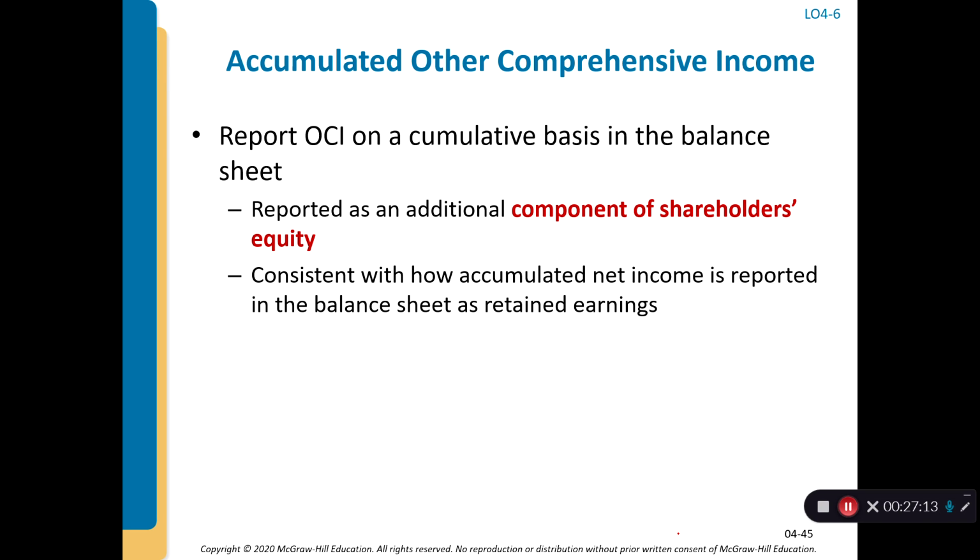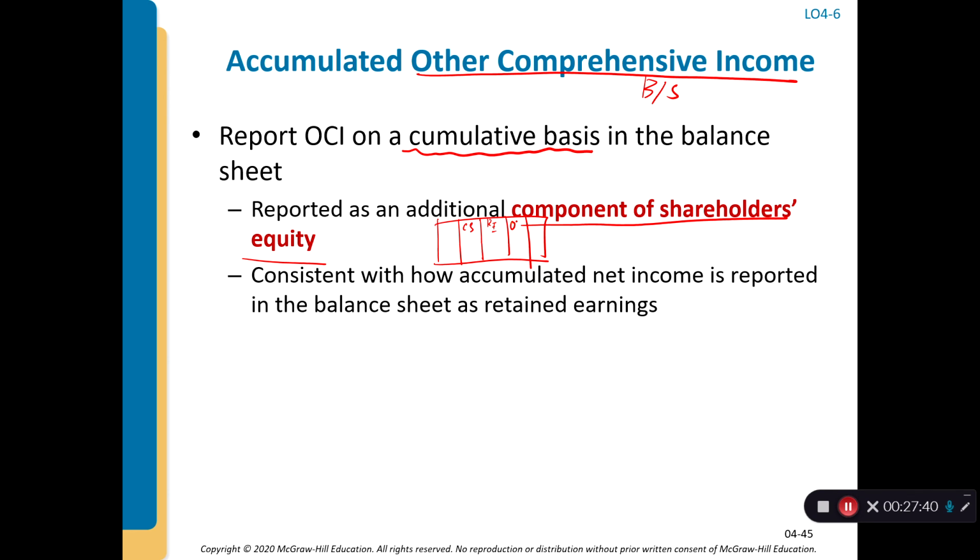Okay, and then in terms of how we present other comprehensive income in the balance sheet, we want to report other comprehensive income on a cumulative basis, and we report it as an additional component of shareholders' equity. Remember that statement: we have common stock, we have retained earnings, and now you add OCI, with a beginning balance and ending balance.